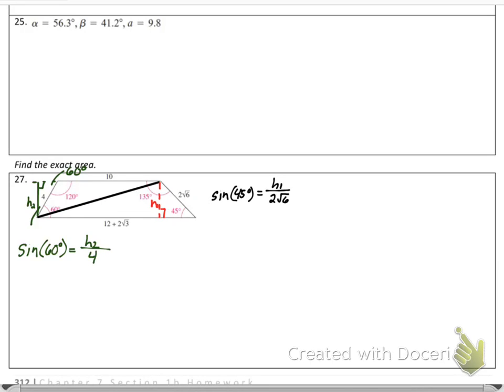That's going to get you height 2, where your base is 10. So it'd be half of 10 times whatever you get for H2, plus half this base times whatever you get for H1. Does that make sense? Yeah, it's a tougher problem.